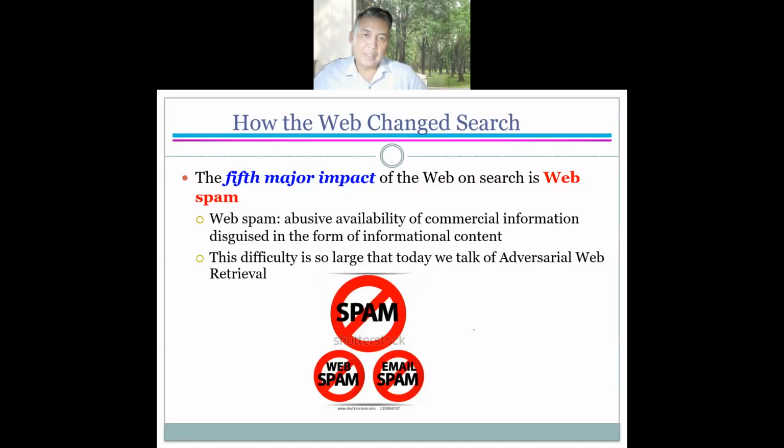For example, you are looking for a certain online game, and you are looking for a free online game. When you type in the query, usually you will get something not free, because they ask you to key in your email first and then your phone number, and then suddenly you have so many pop-up windows that appear on your screen. So that is what we call web spam.